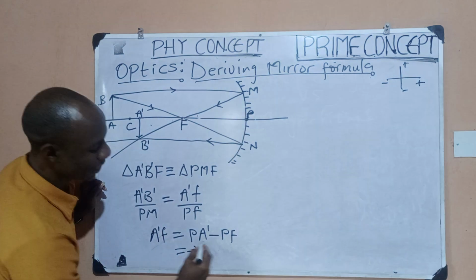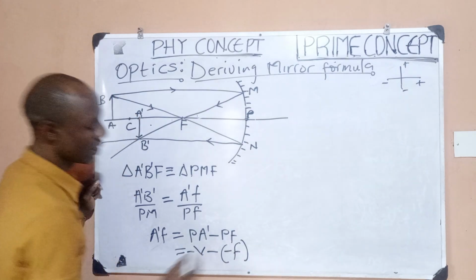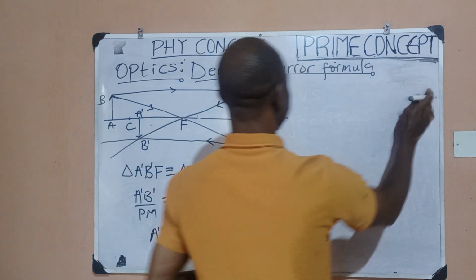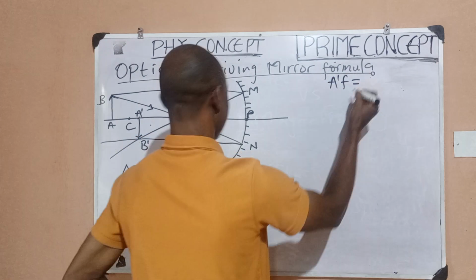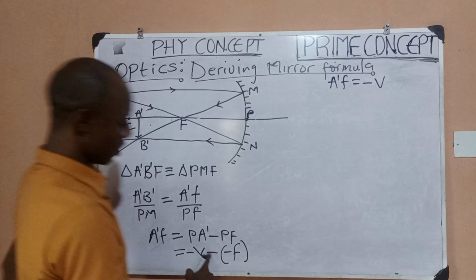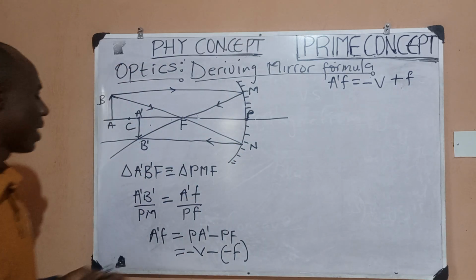So I have V minus, my PF is minus the focal length F. I can then say that A prime F is going to be what now? Minus V. When you open this, it becomes plus F. So this is what we have, right?